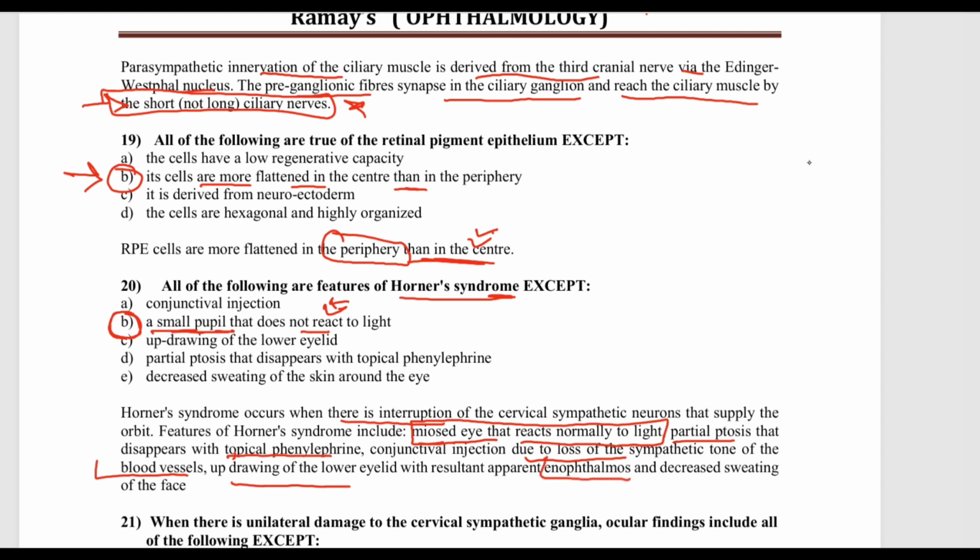Enophthalmos means the eye is sunken, the globe is displaced backward. So all of these are features of Horner syndrome. Horner syndrome is a very important question in the exam. Read it very carefully.